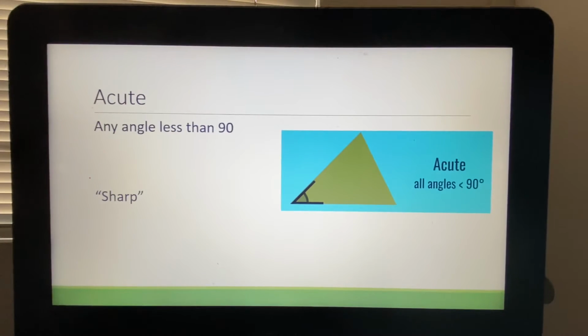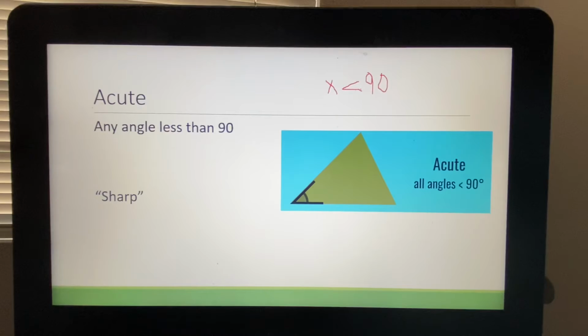The next one is an acute angle, which means any angle that's less than 90. As you remember this symbol, it is less than 90. It's pointing towards the 90, which means the value away from the opening is less than 90.